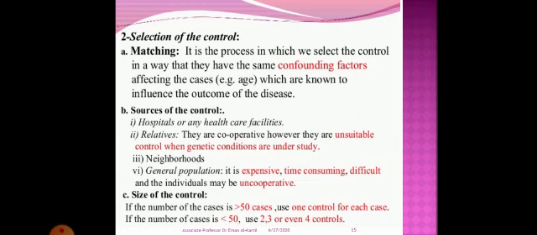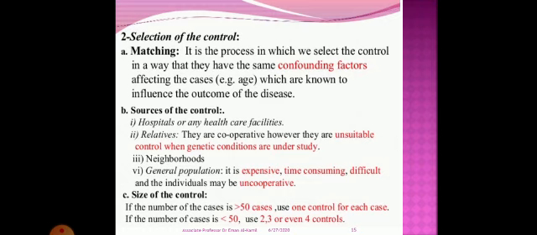Relatives are sometimes cooperative, however they are unsuitable controls when genetic conditions are under study, or when a dietary or nutritional problem is studied, since they have the same diet or same behavior. Neighbors are a good source of the general population, but it is expensive and time consuming, and sometimes difficult. Sometimes the people are not cooperative.